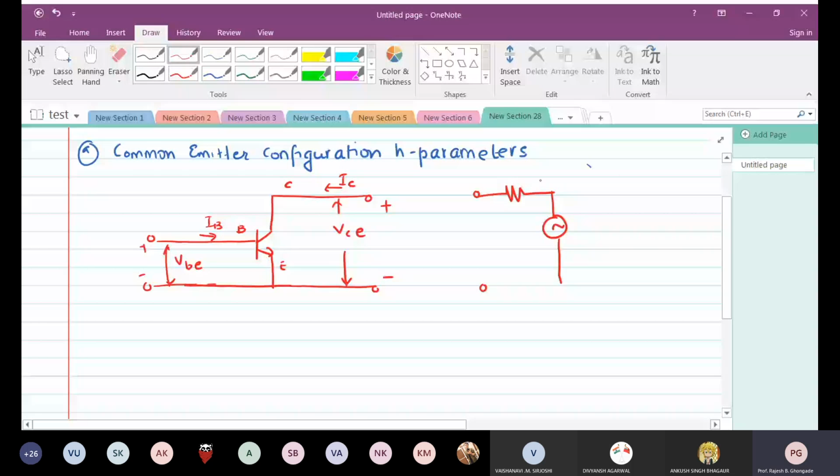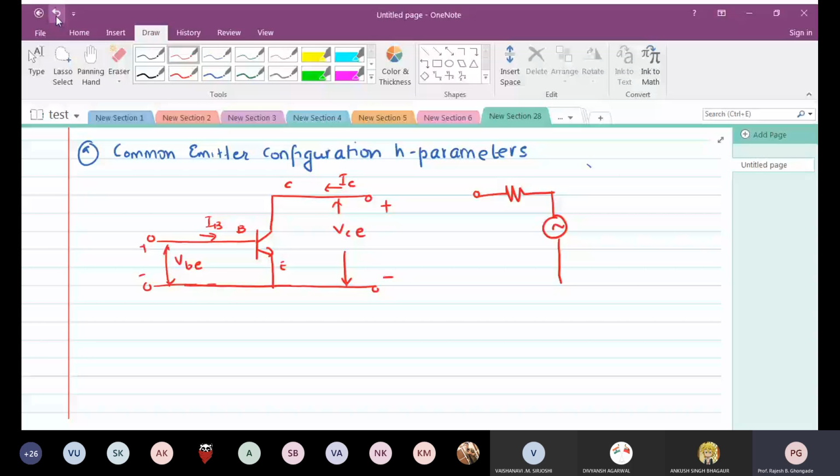So if I2 is going inside, this has to be positive. Later on, we will see that this VCE becomes negative. If it has a different polarity, it will simply become negative. That's all. But in order to make sure, do you remember the two-port network?